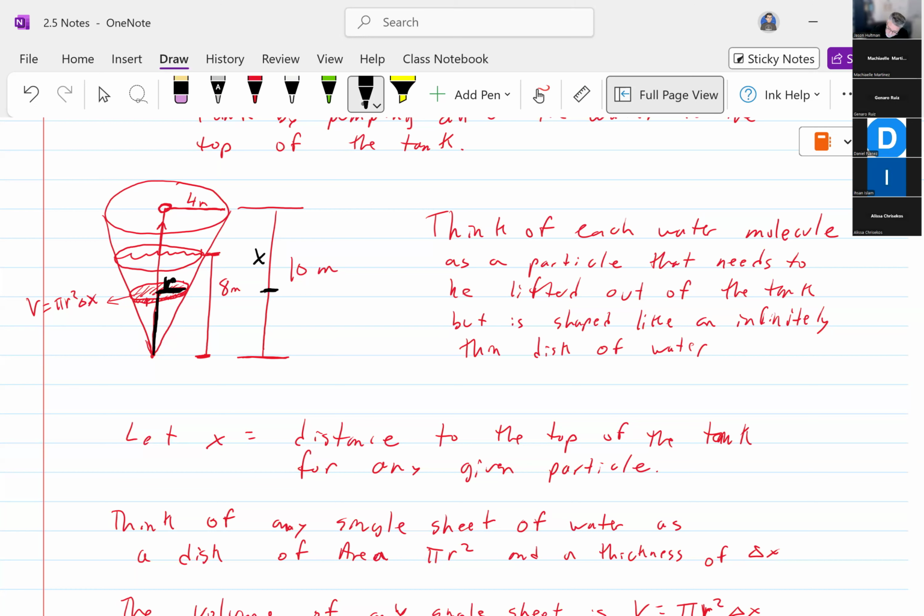To use similar triangles, I want to use 4 to 10.